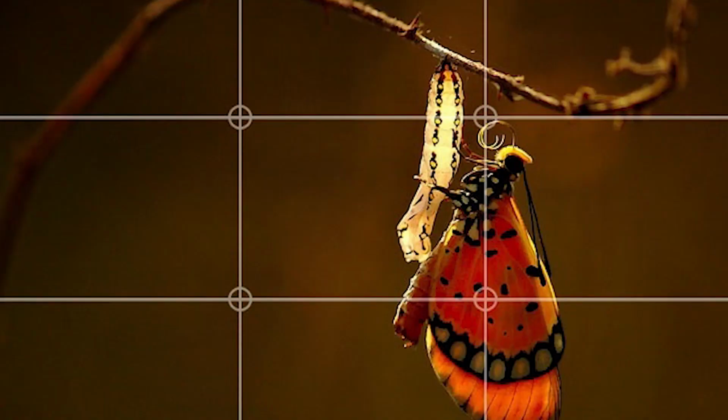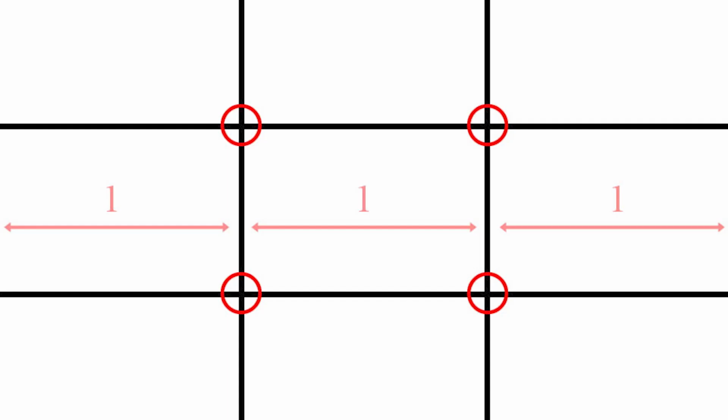The viewfinder is divided into 9 equal parts, 2 vertical lines, 2 horizontal lines with 9 equal parts. The 4 points in which the vertical lines and the horizontal lines intersect each other are called the golden points. So you see 4 golden points which are intersecting between the horizontal and the vertical lines.